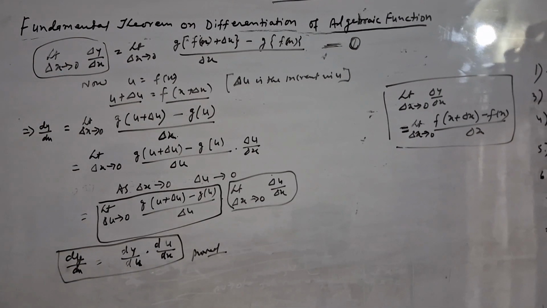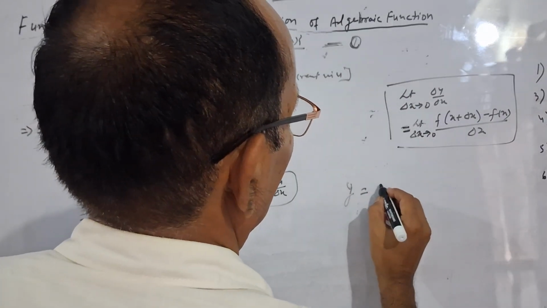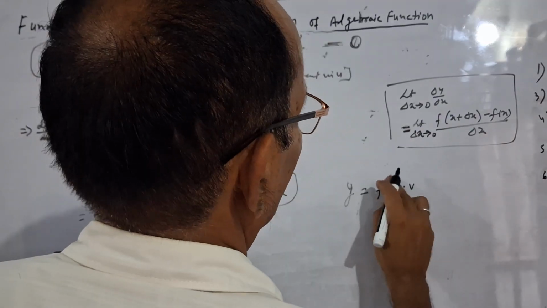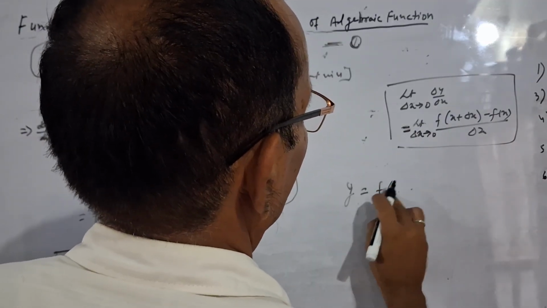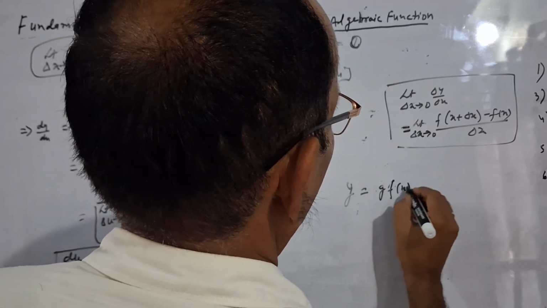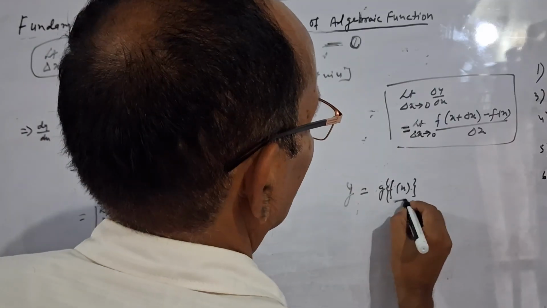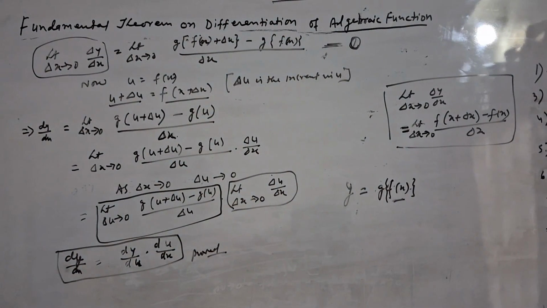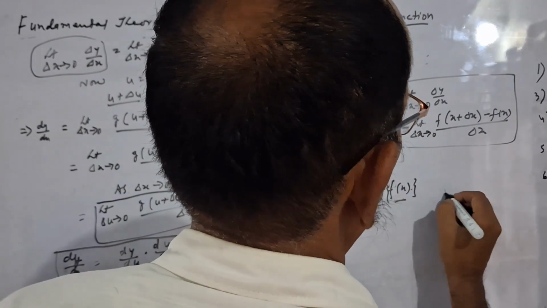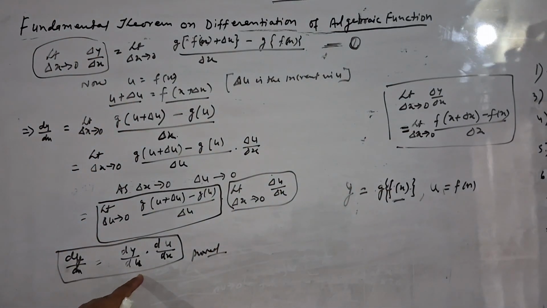And if we get the form of the algebraic expression y equal to g into function of x, in this type, where u equal to f(x) and u is the function of x, then we can use this formula. I think you have understood.